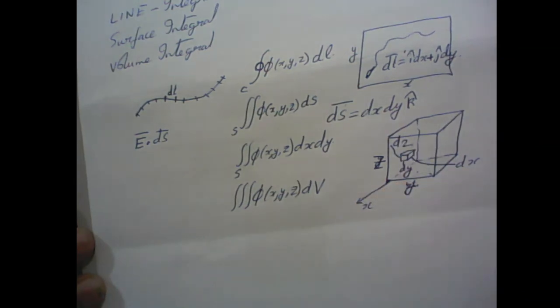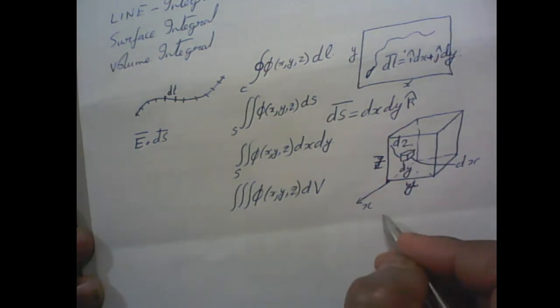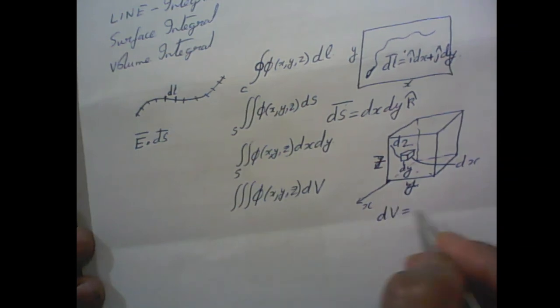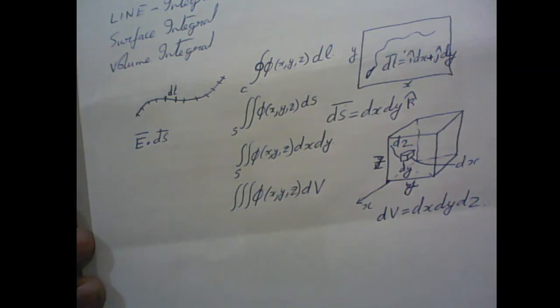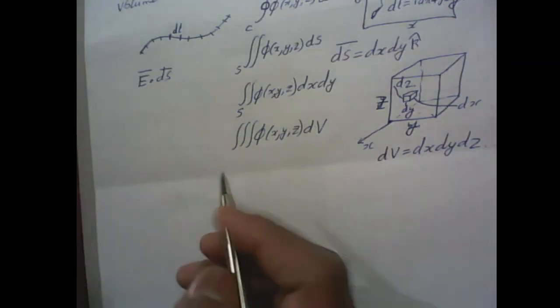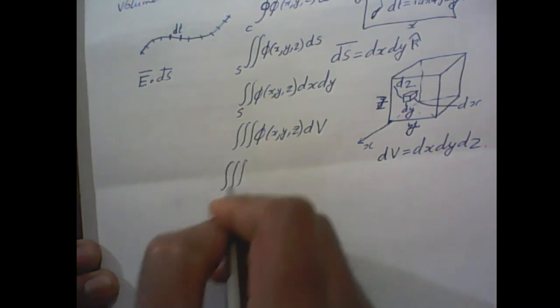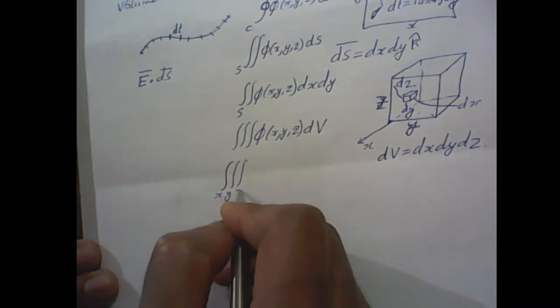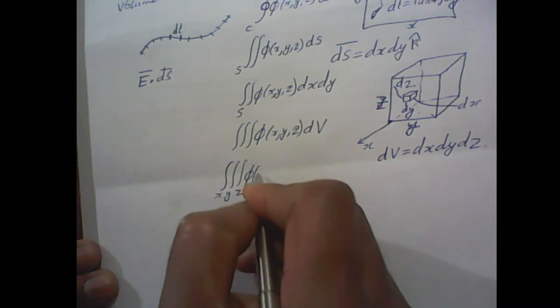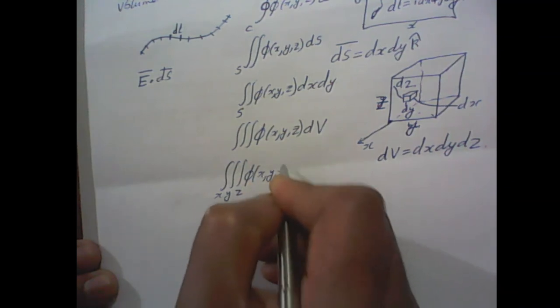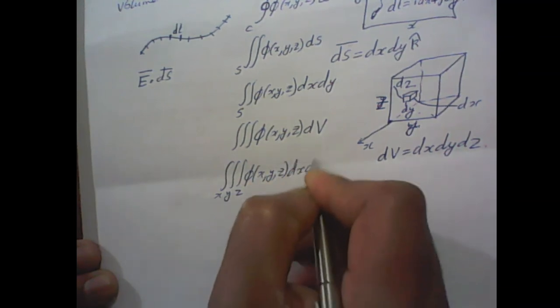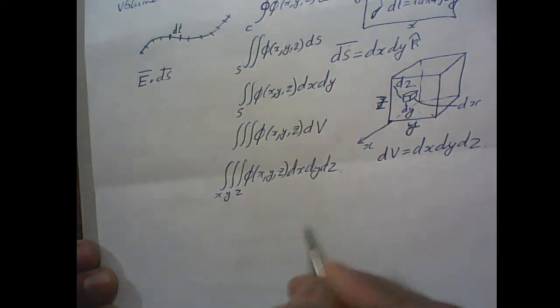So a small element of volume in the Cartesian coordinate system, dv, is equal to dx dy dz. The volume integral will be integration over x, integration over y, integration over z, of phi(x, y, z) dv, where dv is dx dy dz.